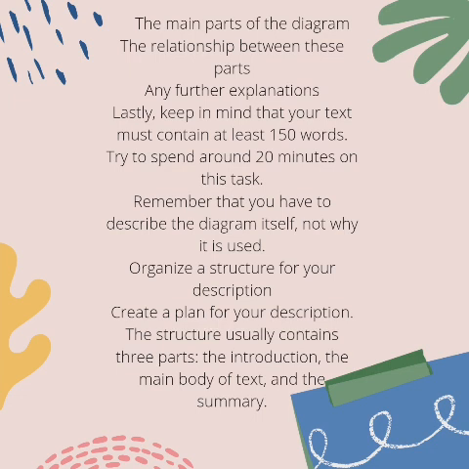The second is the relationship between these parts, and the third is any further explanation. Lastly, keep in mind that your task must contain at least 150 words and try to spend around 20 minutes on this task.